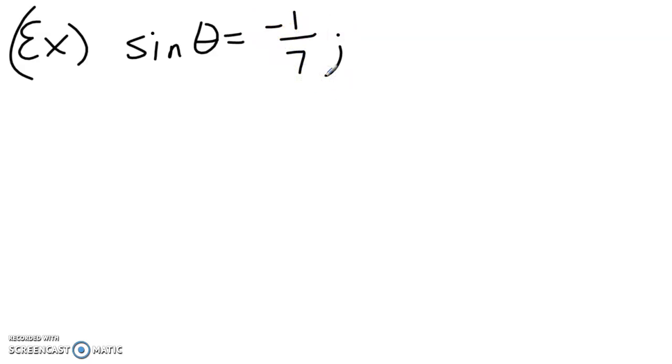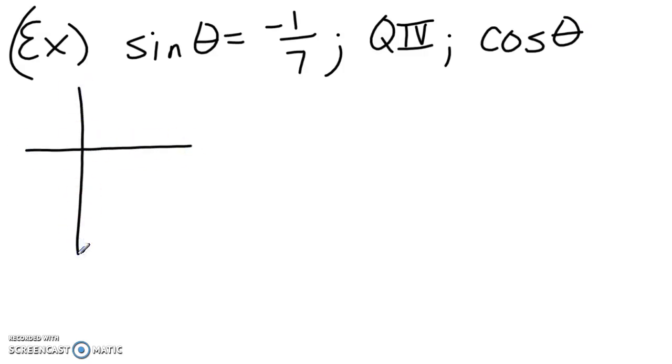Sine is -1/7. We know our angle lies in quadrant 4, the terminal side. We want to find the cosine. So I'm going to draw a quadrant 4 reference triangle.